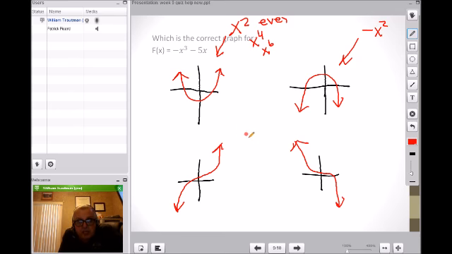This graph down here is an x3 graph, an odd power. Do you see how the right side is higher than the left side? That's a basic x to the third graph. This one is a negative x3 graph, where the right side is lower than the left side.